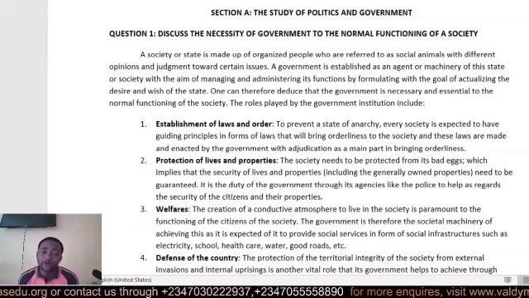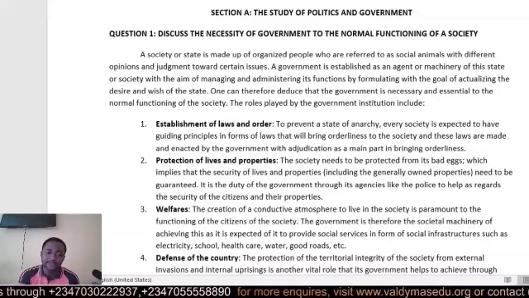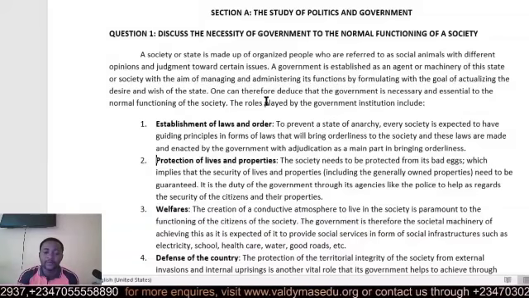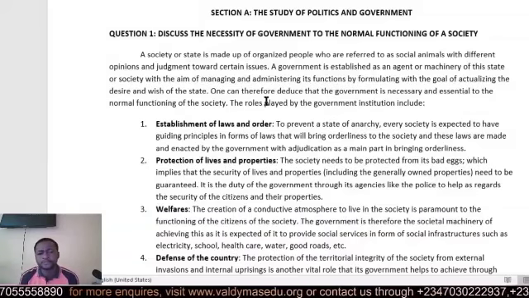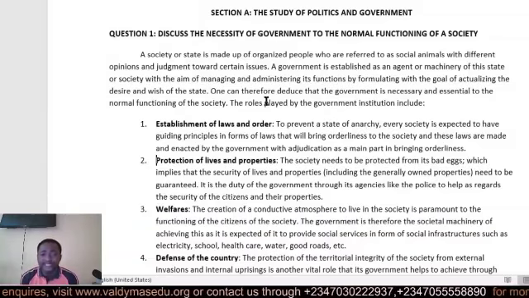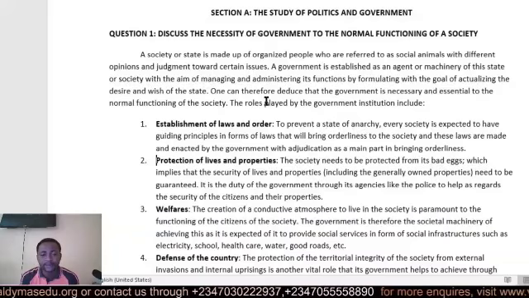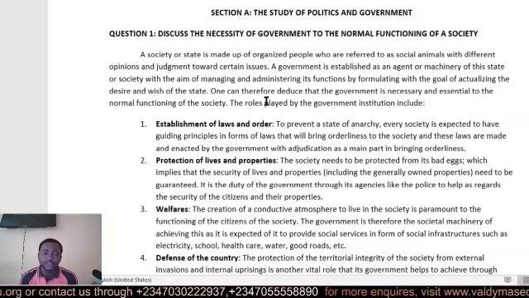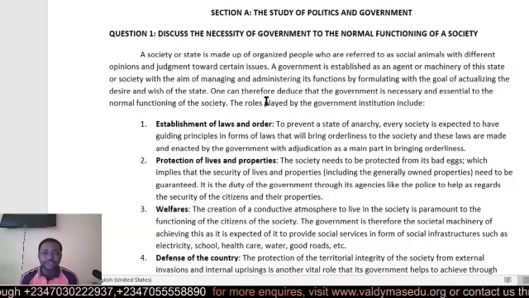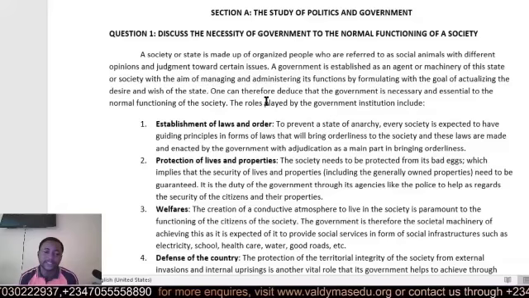Another key function of government is the protection of lives and properties. A lot of us have properties as individuals. That is one of the rights that we enjoy, the right to own property. A major issue everyone that owns property has is the need to safeguard these properties.